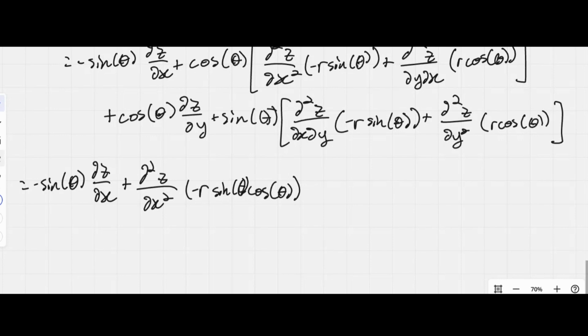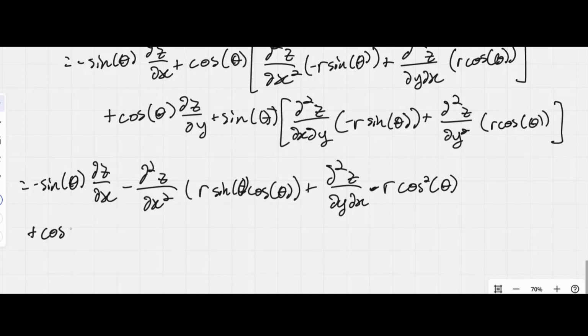Actually, we can take out this negative over here and just put it up front. Okay, as such, we're going to distribute that cosine theta over here now, and so we're going to have the partial multiplied by r cosine squared theta. Okay, so that's that top portion over there.